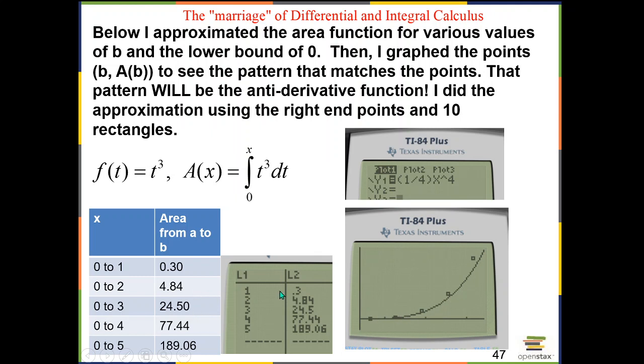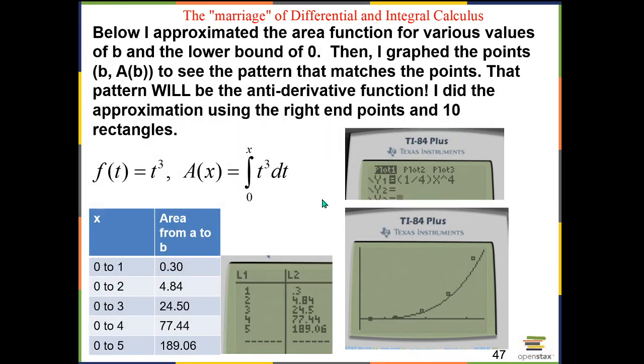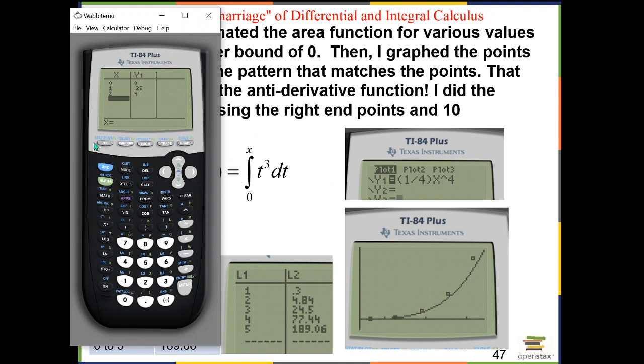Now, you can do this with the calculator. We've done that before. You can go to Stat and Edit, and under L1 and L2 you can put these numbers, and then you graph it under Stat Plot, and you can see these 5 points.